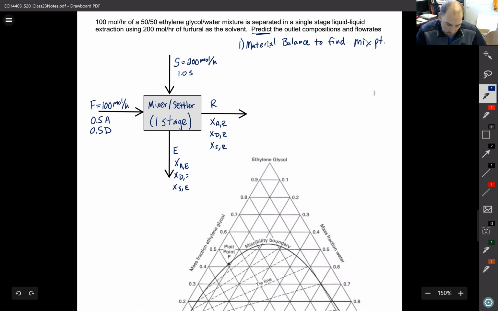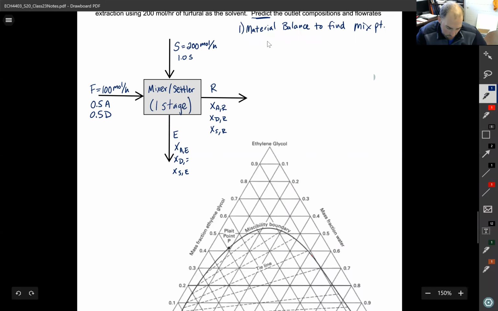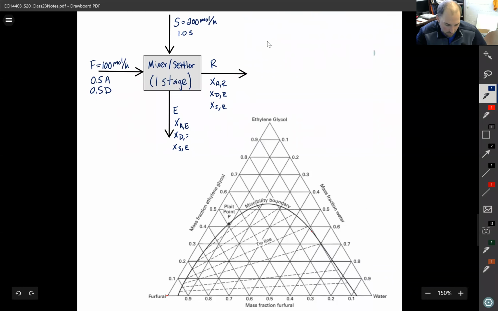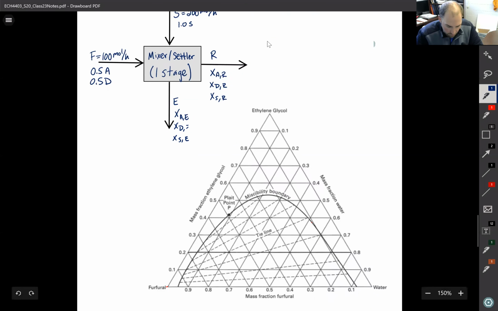So to find the mixing point, I'm going to use my graphical method that I showed you in video 1. I need to plot the points of the things that I am inputting to my mixer settler. So 50% solute, 50% diluent is on the 0 solvent line, so over here, corresponding to 50% ethylene glycol is, remember, the horizontal line. 50% water is this line that slopes down like so.